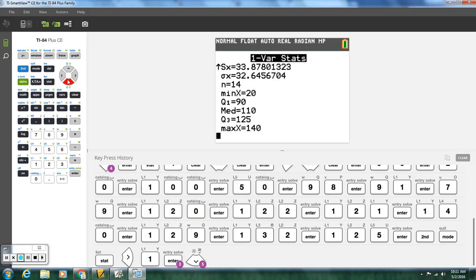Remember how you used to have to add all those numbers up and divide, and then put them all in order and count from both ends to the middle to find your median? The calculator's doing everything for you here. Help me remember these. Minimum is 20, then 90, 110, 125, 140.